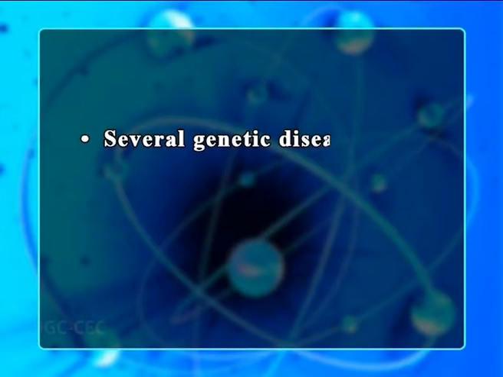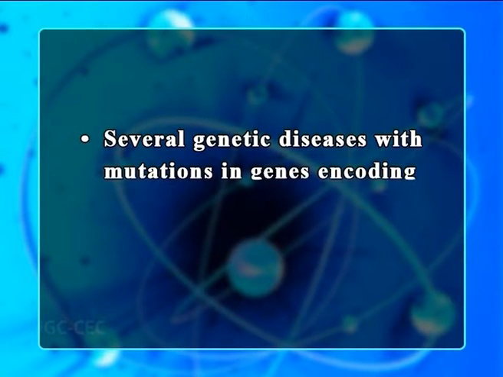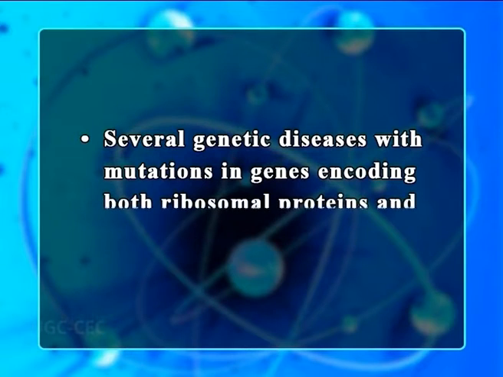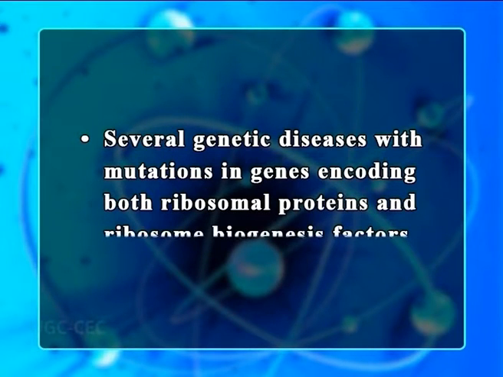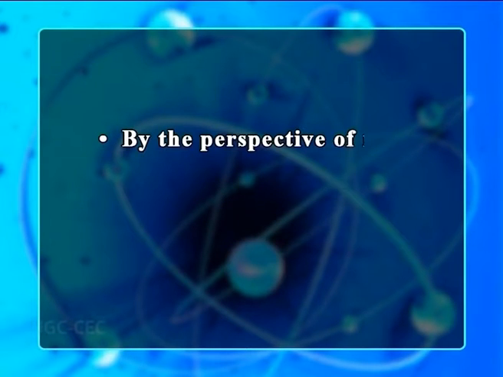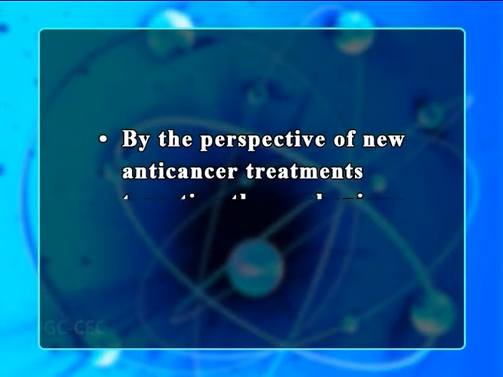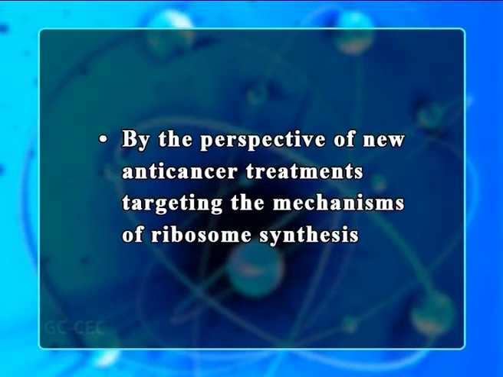This renewed interest in long-lasting questions has been fueled by the association of several genetic diseases with mutations in genes encoding both ribosomal proteins and ribosome biogenesis factors, and by the perspective of new anti-cancer treatments targeting the mechanism of ribosome synthesis.